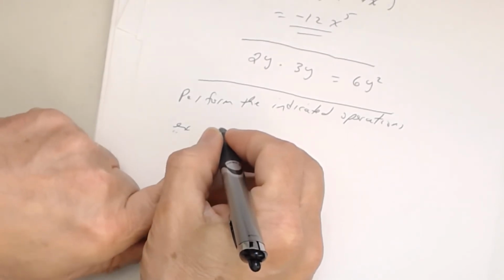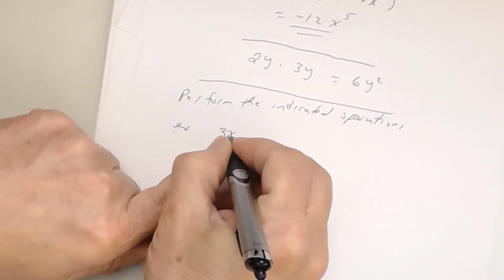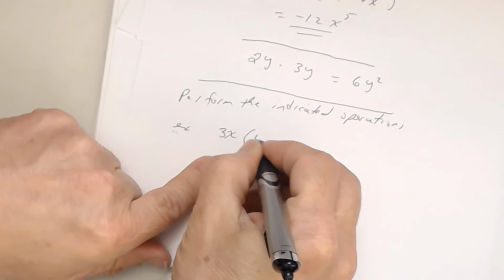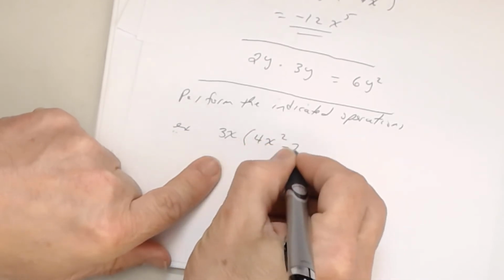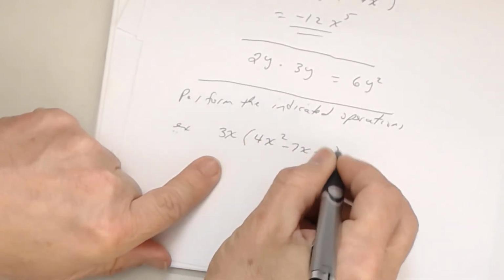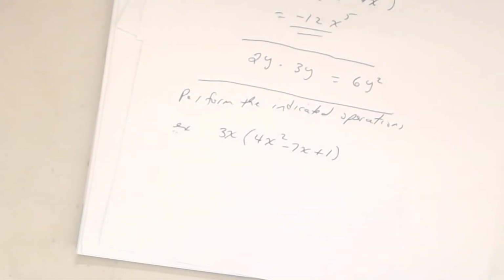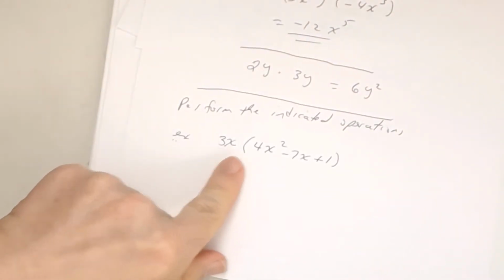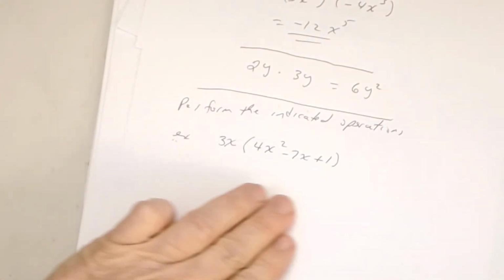Suppose I had 3x times 4x squared minus 7x plus 1. Think about what we did a while ago, and then what we talked about here. So we get rid of the parentheses. So the operation that I need to perform is that multiplication, because this says 3x times what? This polynomial. So I have this monomial times this what?